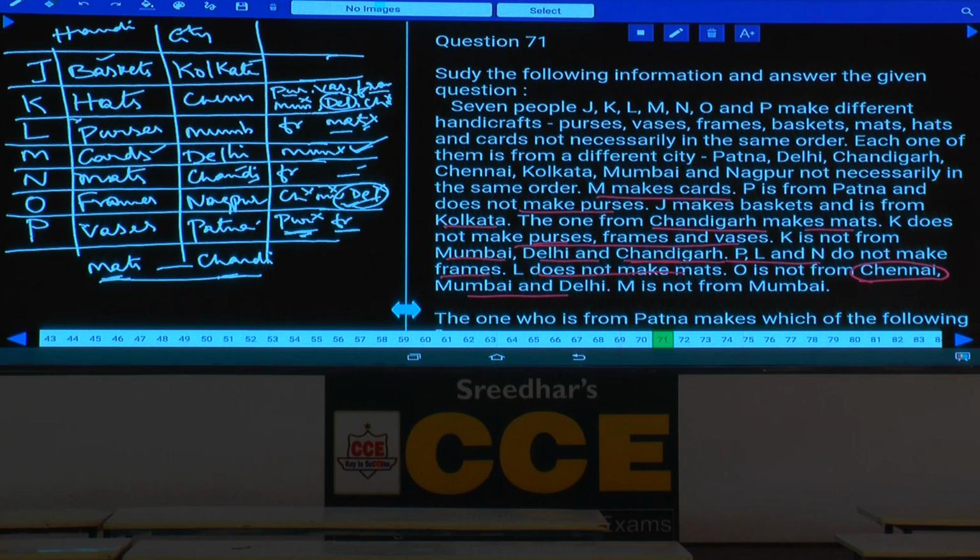Clear now? This is how these 7 persons are making 7 different handicrafts, and they belong to 7 different cities. Let's write down this arrangement, questions 71 to 75.